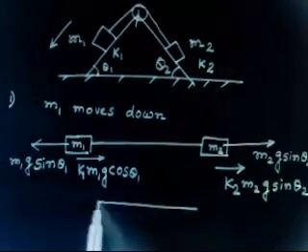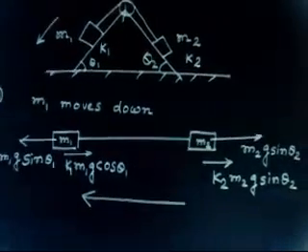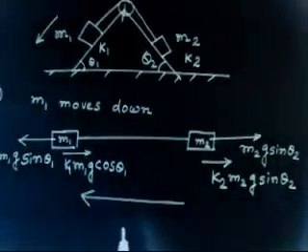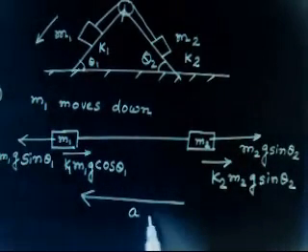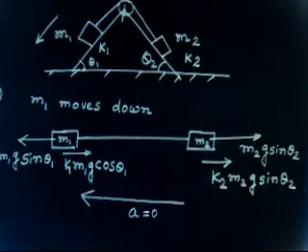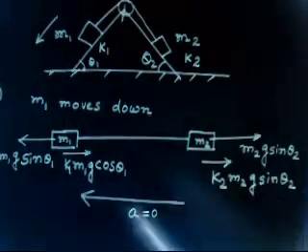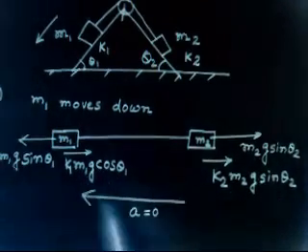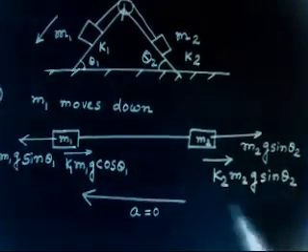Now I want my system to move in this direction. How is this possible? This is possible only if, let us say, the acceleration is very little. The acceleration is 0; this is just a tendency to move in this direction. It's a very small acceleration. So at that time, the force towards the left side is just greater than the force towards the right side.